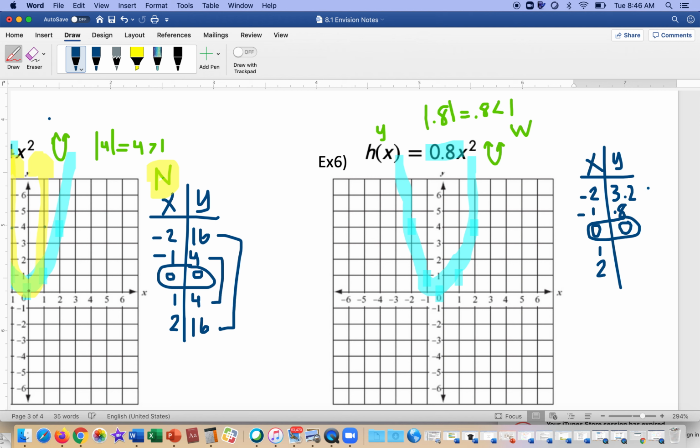Right? So if we plug in again, 0.8, how we got that, times -2 squared, sorry, it's hard to see, 0.8 times 4 gets you 3.2.